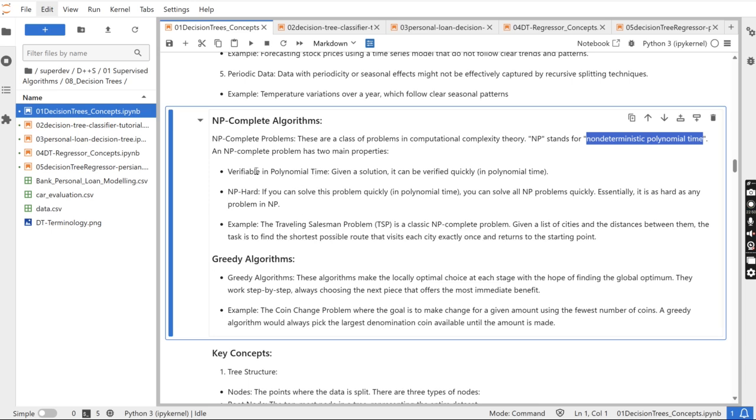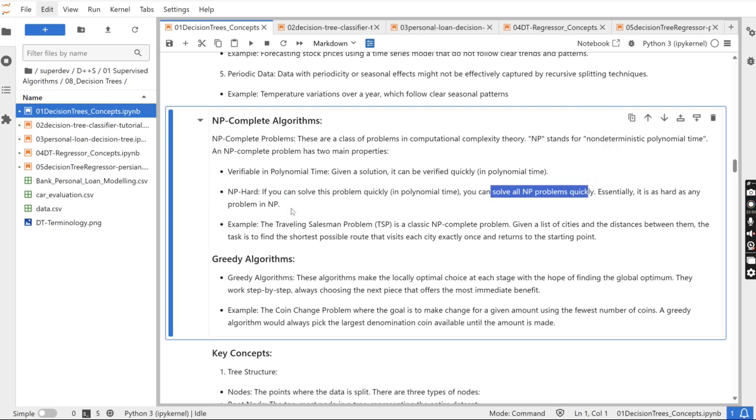One is that a given solution should be verifiable in polynomial time, very quickly. That is one property of these problems. The second thing is NP hard. NP hard means if you can solve one problem quickly, then you can solve all of them quickly.